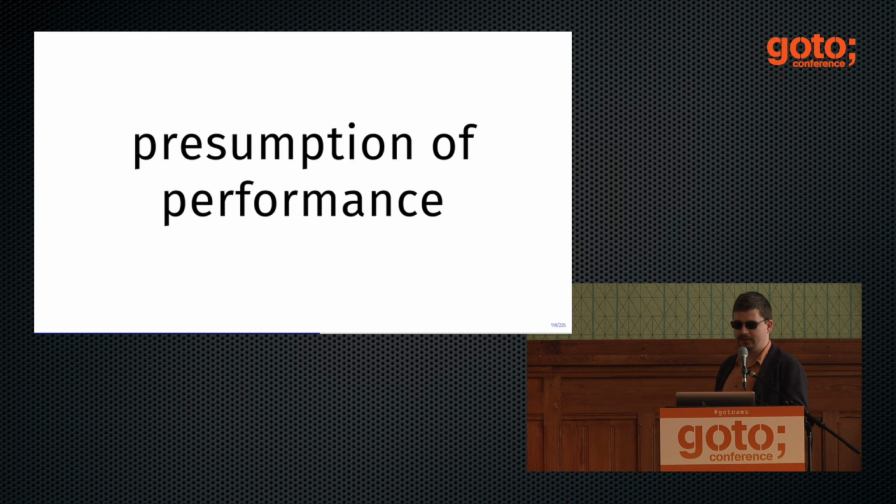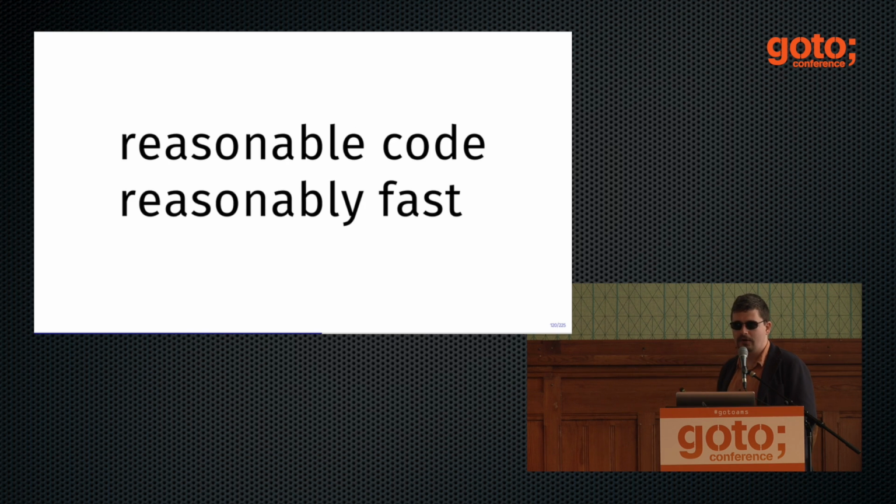The way you should approach code: you saw that VMs are relatively good at optimizing things. So you should approach JavaScript code with the presumption of performance. And the presumption of performance is that if you write reasonable code, it should be reasonably fast. And if it's not reasonably fast, then the VM is at fault, not you.